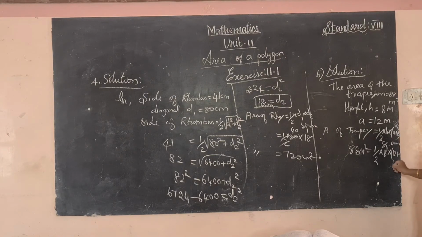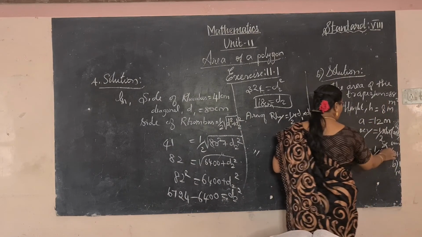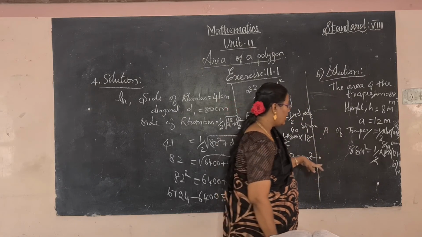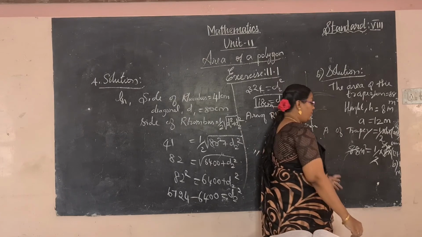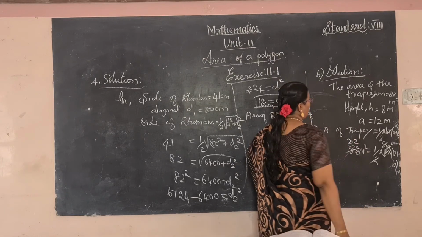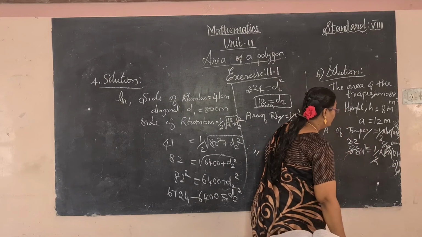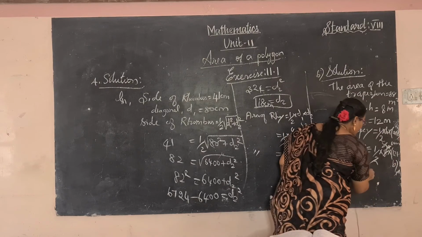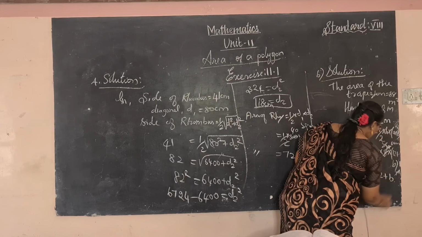B we didn't know. 2 fours are 8, 4 times. Here 4 cancel, 4 2s are 88. Here 22, and on the side 12 plus B is there.